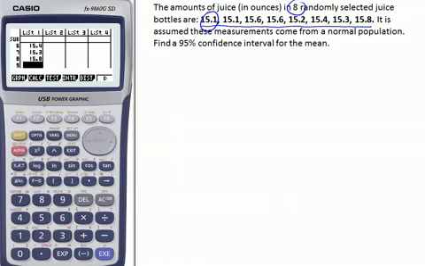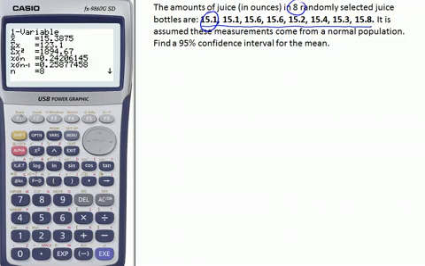The calculator will work out the values for us if we press F2, calculate, and it's a single variable. Each of these appears with the frequency of just 1, and all the information we need is there.